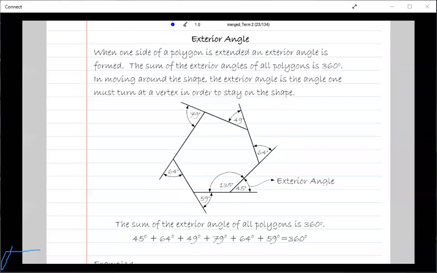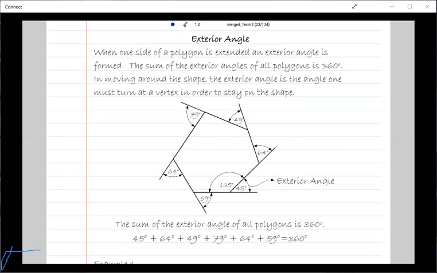Now, please note that the exterior angle and the interior angle add up to 180 degrees. Please note that. And also note that the sum of the exterior angles of all polygons, regardless of whether it is regular or irregular, is 360 degrees.